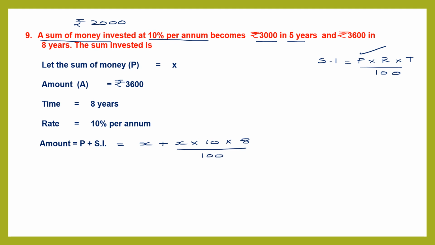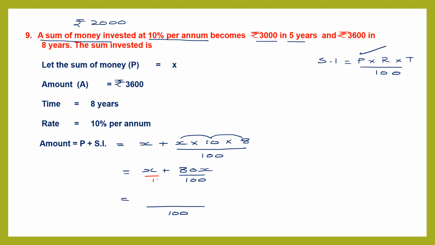Now we have to simplify this. So here we get x plus, now we can multiply x into 10 is 10x, 10x into 8 is 80x. So this becomes 80x by 100. Now again, this is fractions. So addition of fractions means we need to have our LCM. So here we have 100.